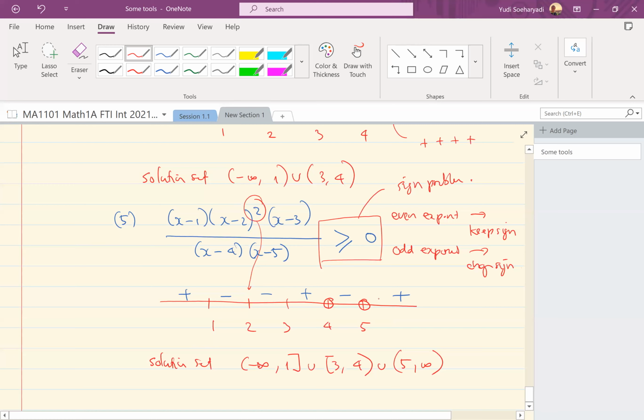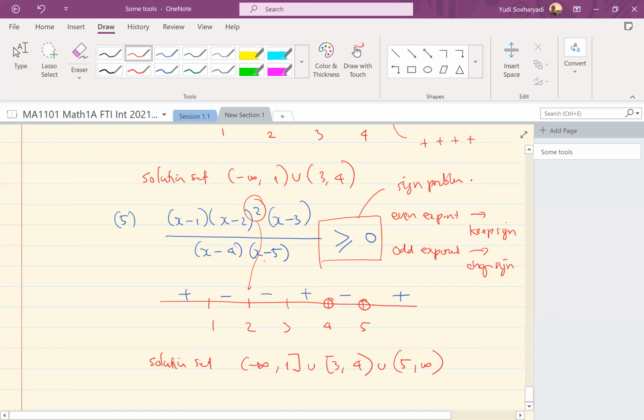Pick 6, for example. If you plug in 6, this would be positive, positive, positive, positive, positive. Everything's positive, so this gives you positive. And of course, you can pick 4.5, for example. Plug 4.5 into the quantities here. This makes it positive, positive, positive, but this one is negative.